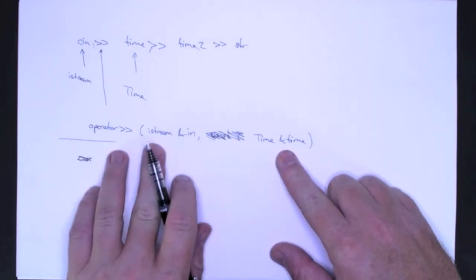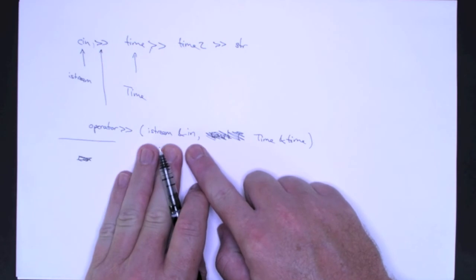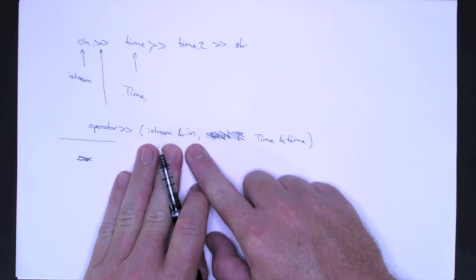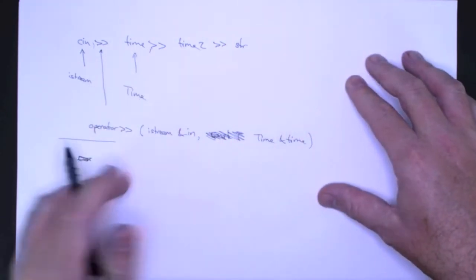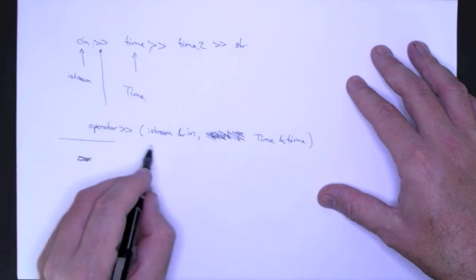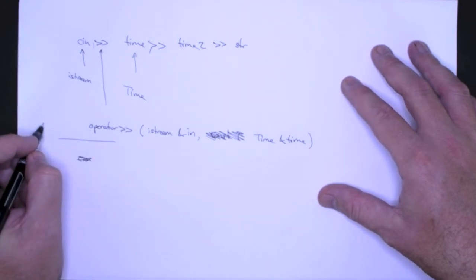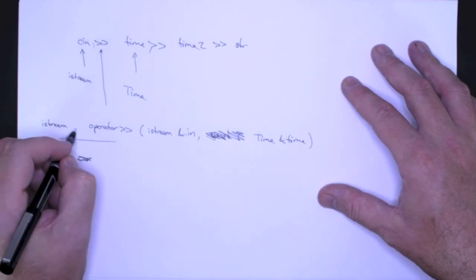So after this operator extracts a time object from the istream in, it is going to pass it along to the next extraction operator. So the return type for this function is also going to be a reference to an istream, just like that.